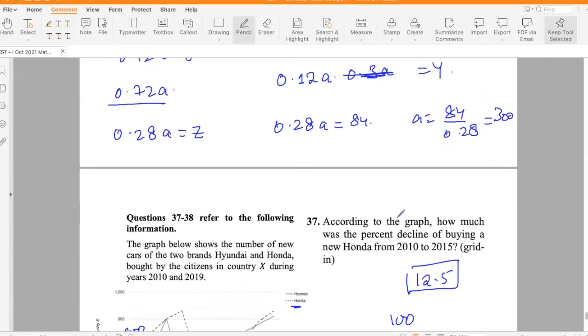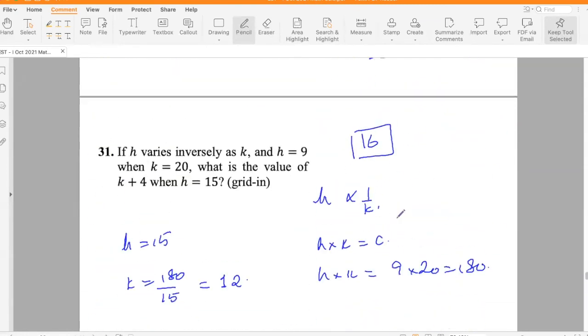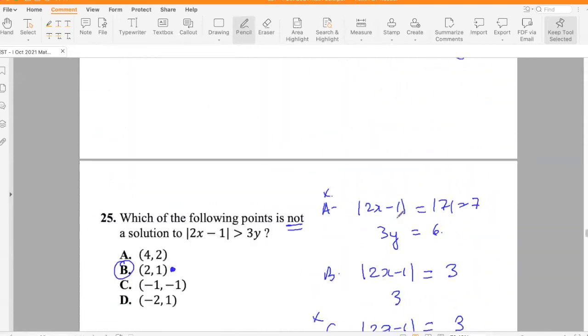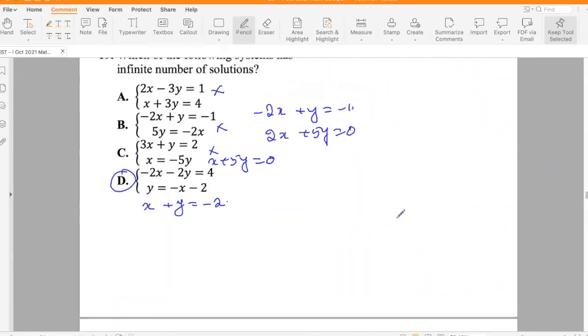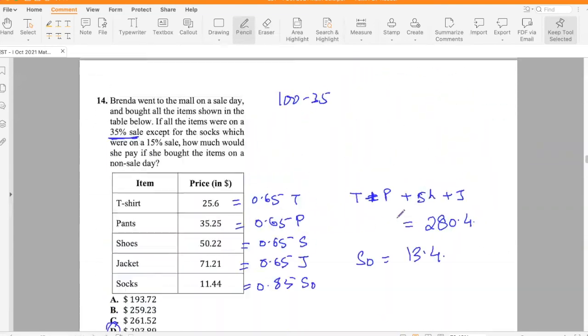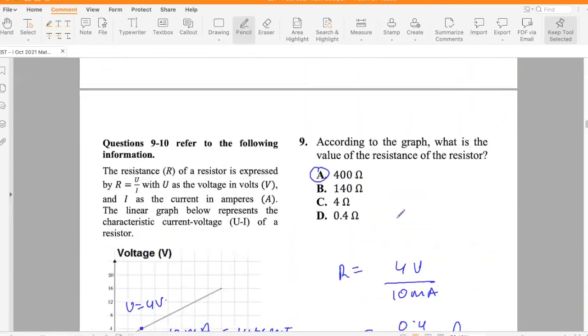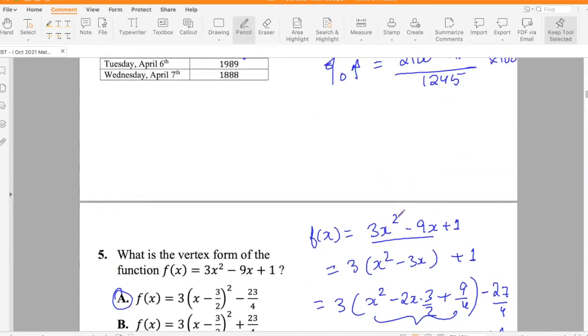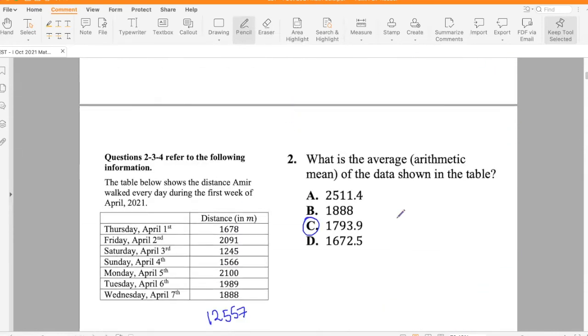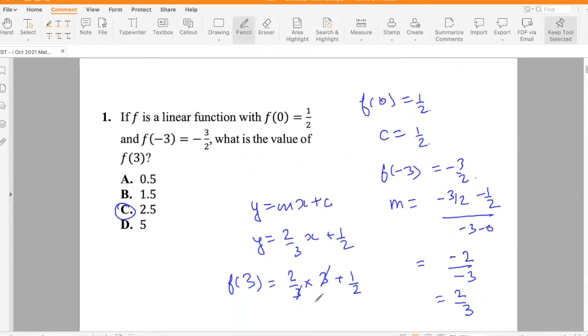Okay, let's grade this. Okay, number 1, CCBDA.